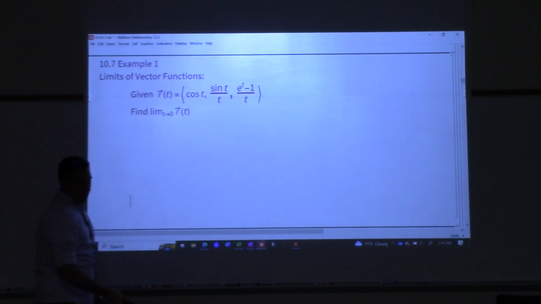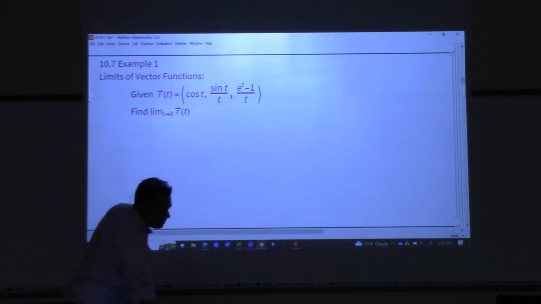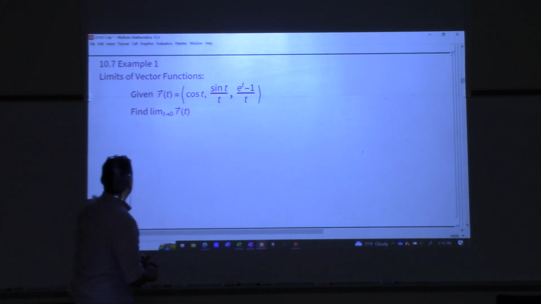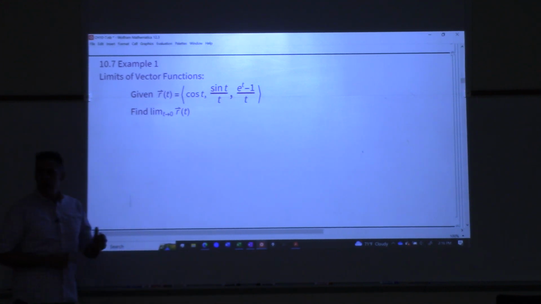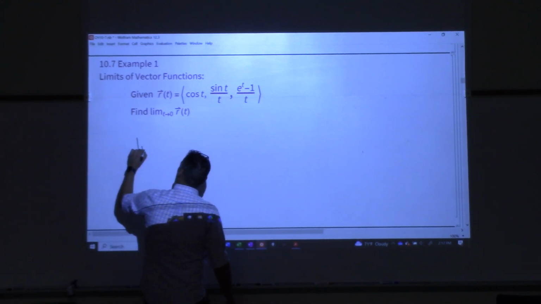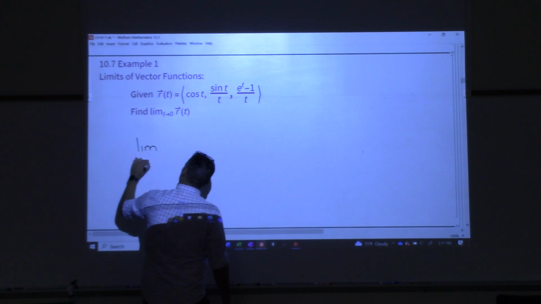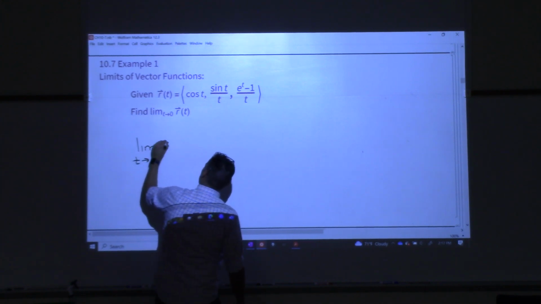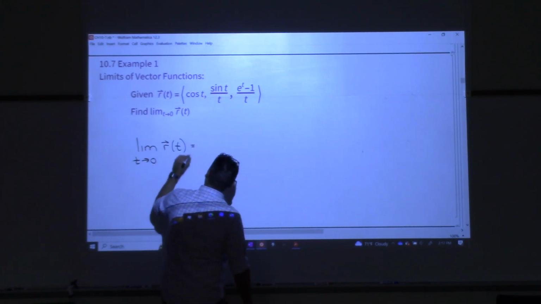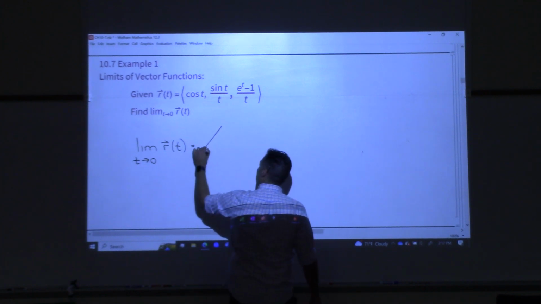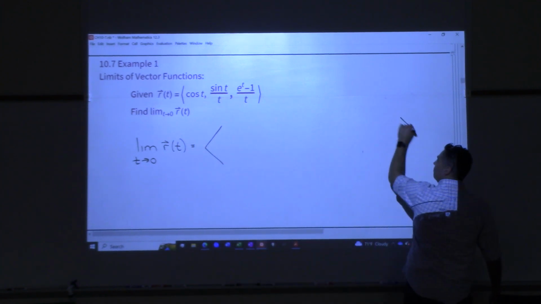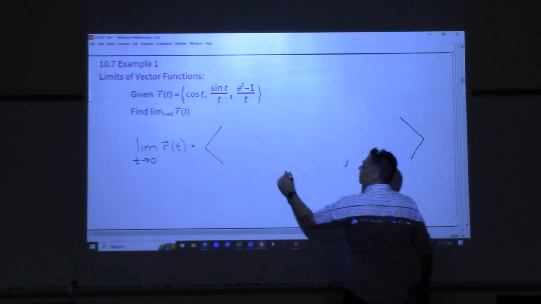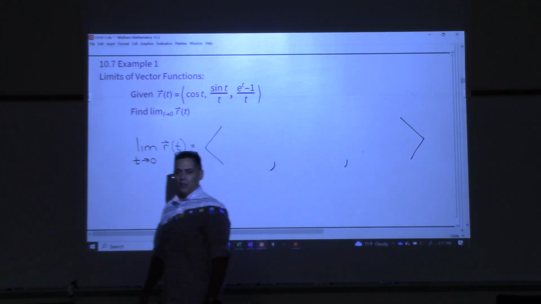So look at this. I'm giving you a vector function and I'm saying, hey, what is the limit as t goes to 0 of this vector function r of t? Well, by definition, the limit of a vector function is a vector.